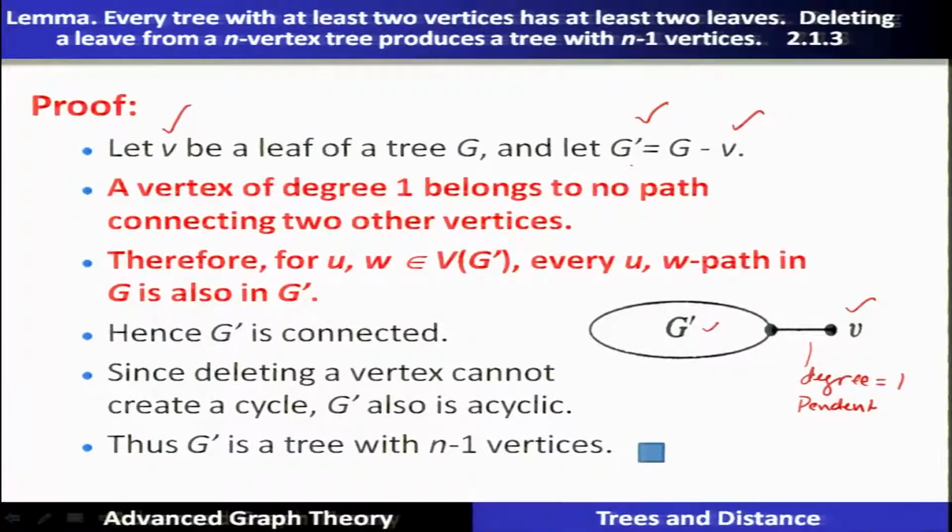So a vertex of degree 1 belongs to no path connecting two other vertices. If there are two vertices, let us say U and W within G prime, V cannot come in between. Why? Because it is a pendant vertex, its degree is 1, while any other vertex between U and W must have degree more than 1.